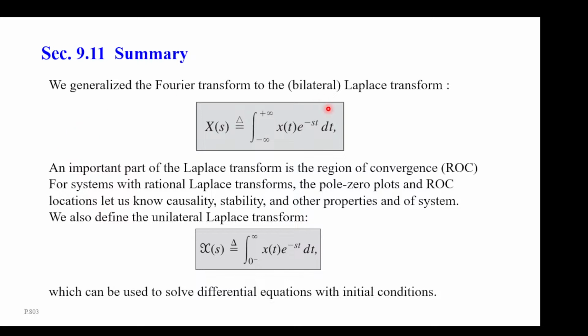So we have this whole s plane, and on this whole s plane, we need to specify its ROC, region of convergence. And actually, this pole-zero plot and ROC tell us a lot about our system. And also, we define the unilateral Laplace transform, and we see that it can be used to solve differential equations with initial conditions.